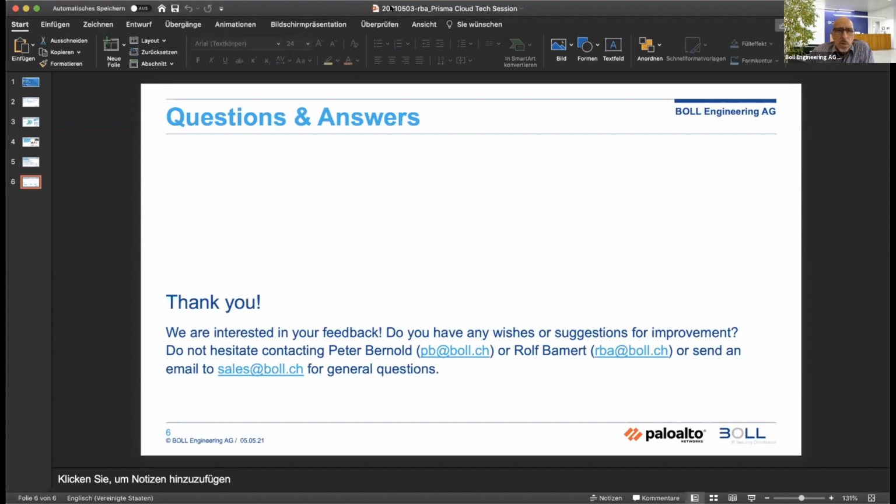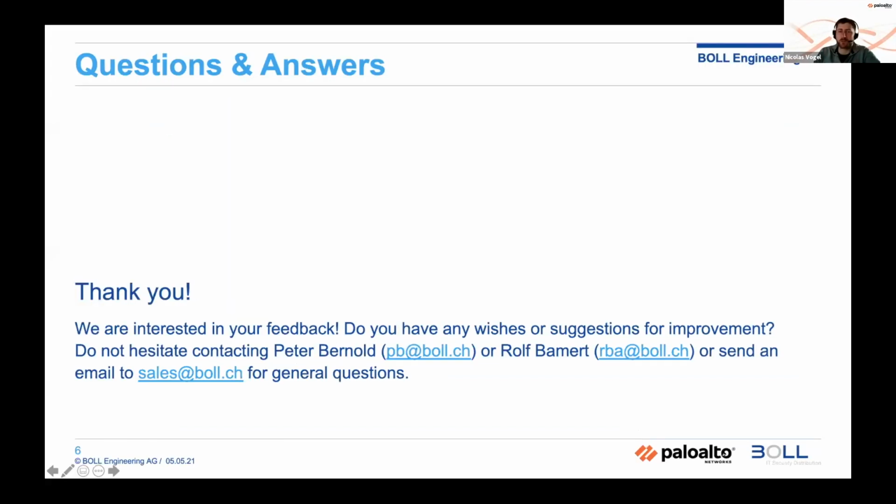Do we have other questions? I can just write an answer so everybody can see it as well. Regarding the question about identity and access management security, we will share the data sheet with you.